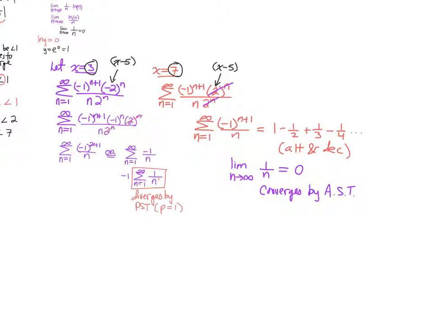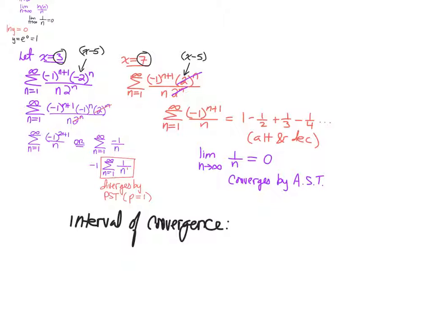So my interval of convergence is going to be 3 less than x less than or equal to 7, because 7 is fair game. The length of the interval is 4, right? So the length of the interval is 4.